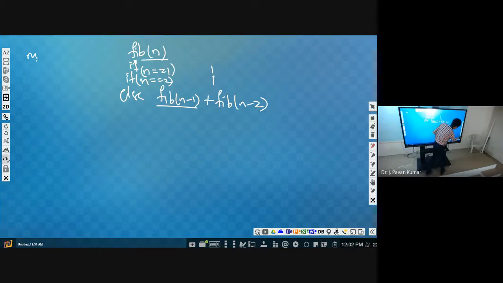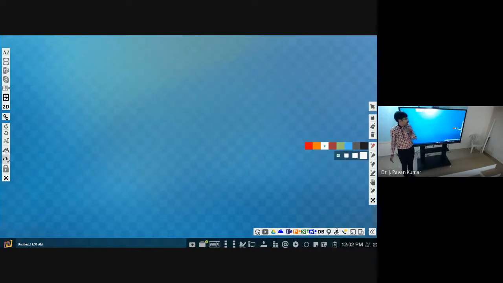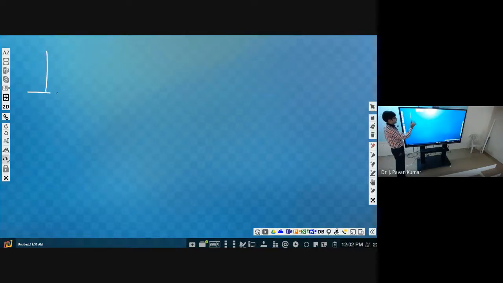Now let us see one interesting problem. It is like a game, you might have played. Let me describe the game setup. We are having some towers like this.